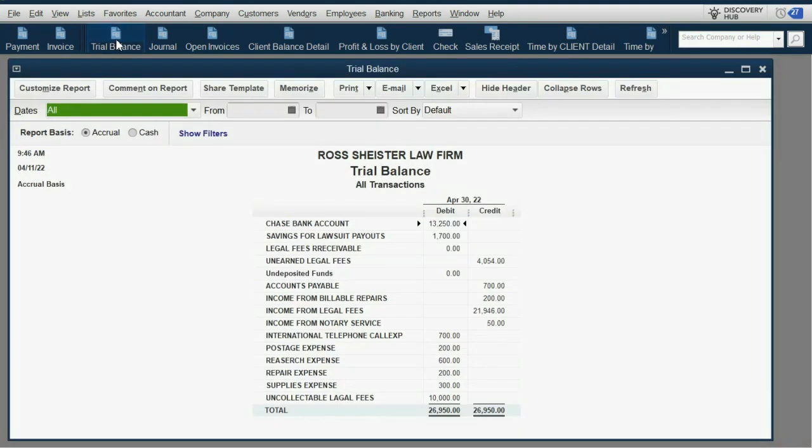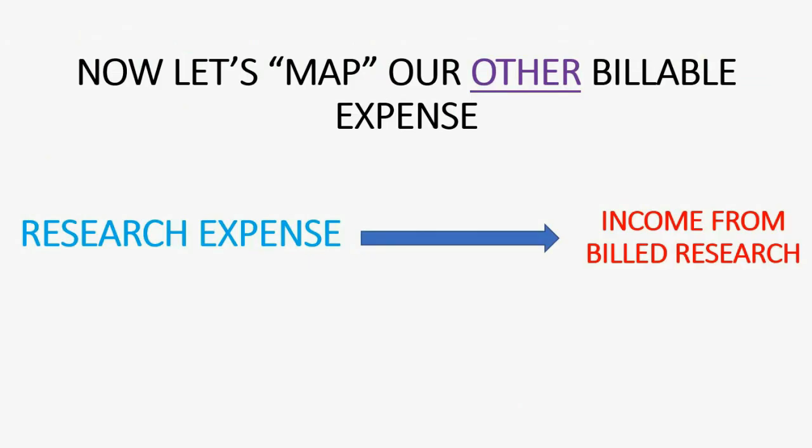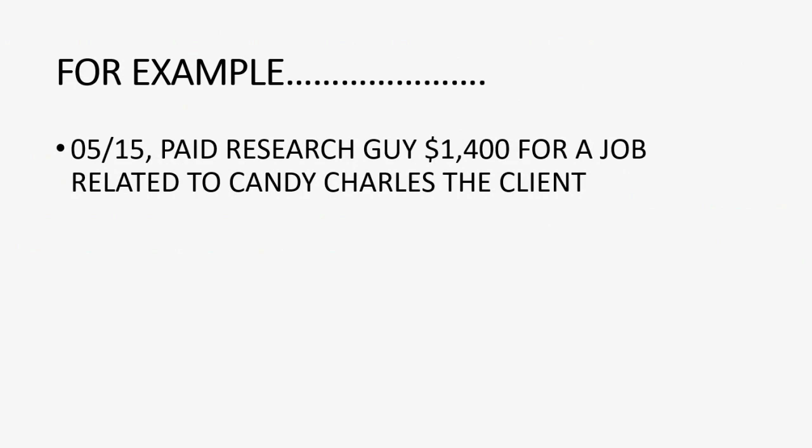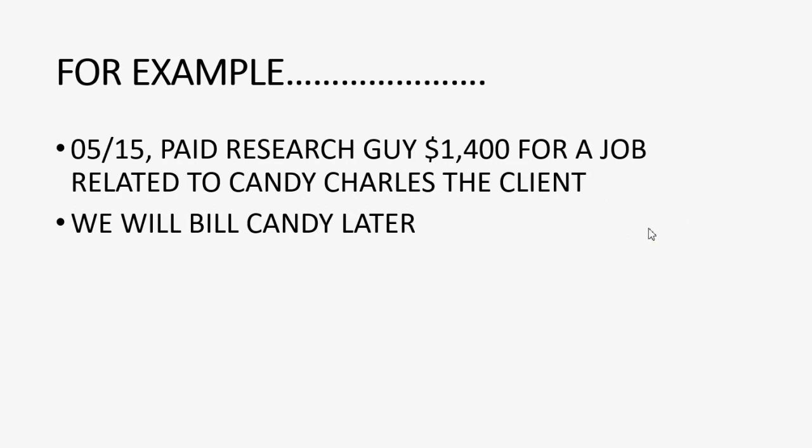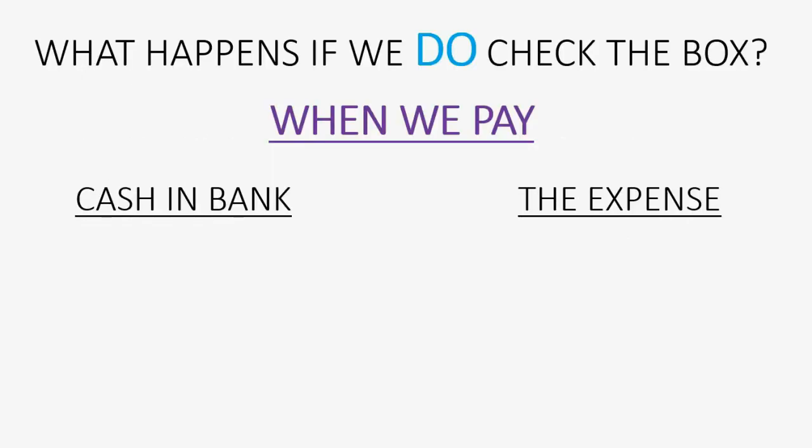Now, of course, the trial balance won't change because we didn't record any research expense transaction. But for example, let's imagine on May 15th, we paid the research guy $1,400 for a job related to Candy Charles, the client, and we'll bill Candy later for this. Now, when we pay for the research on May 15th, what will happen?